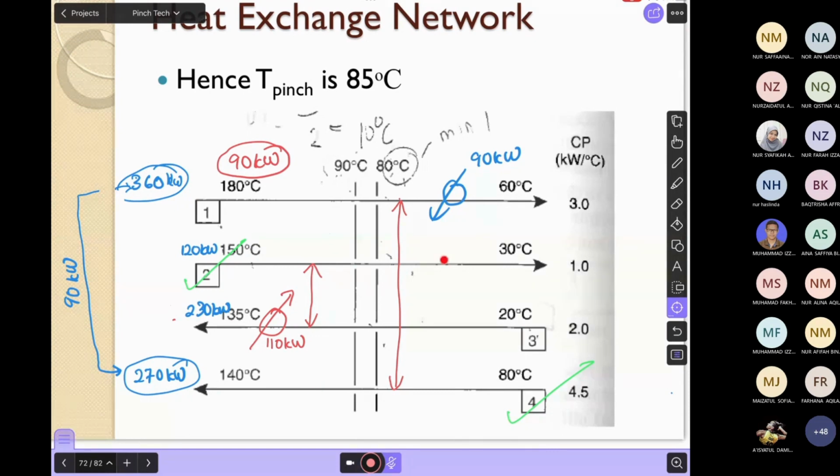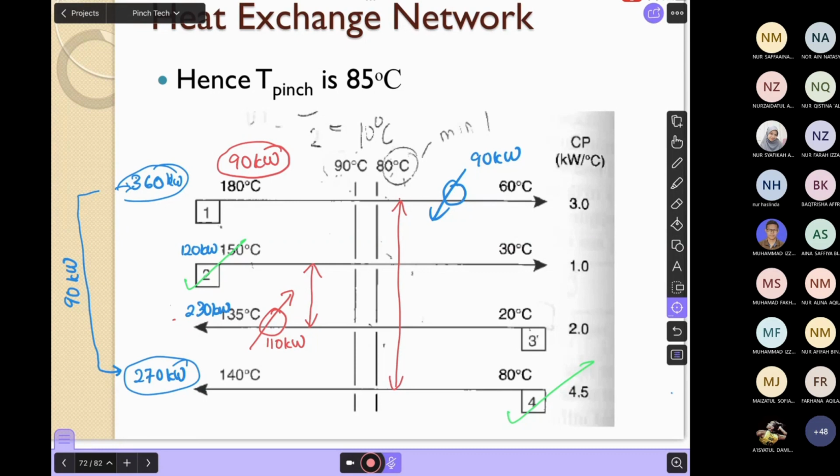No need to have cooler for stream number 2. But you need cooler for stream number 1. And you need heater for stream number 3. Nampak? So far so good? Faham eh?